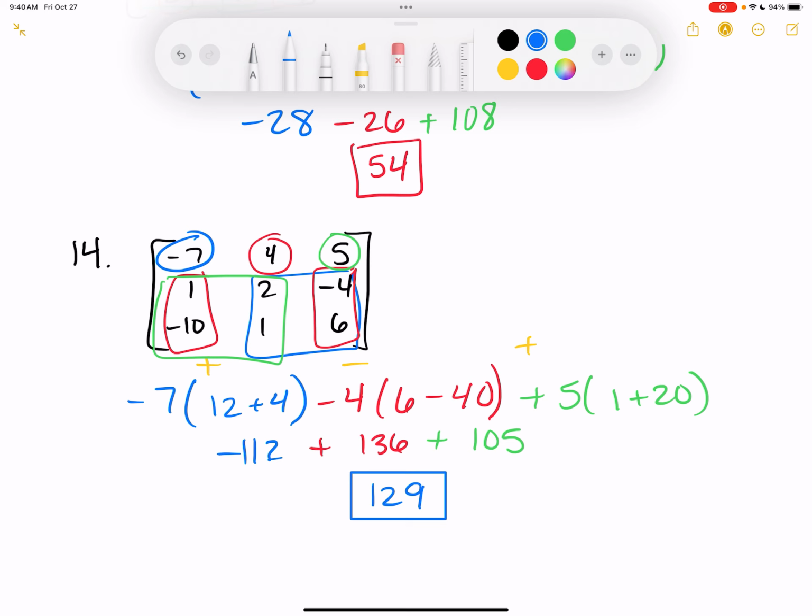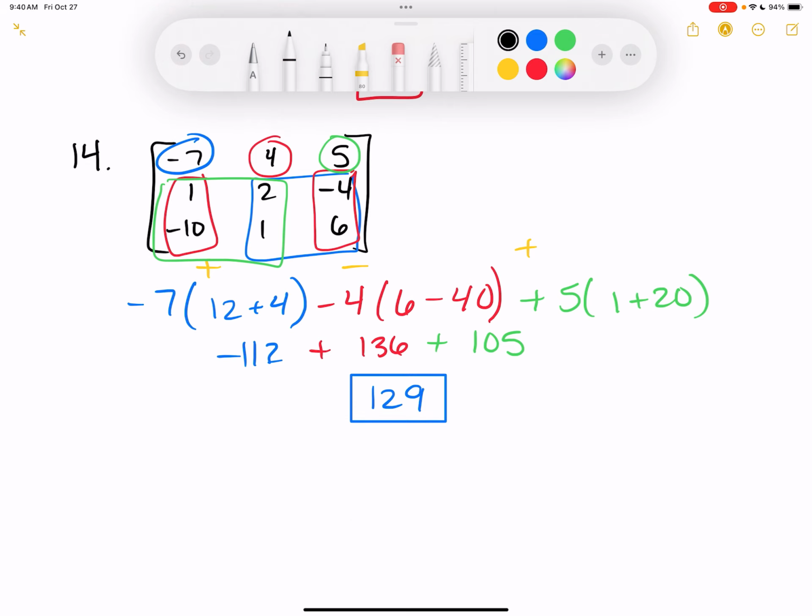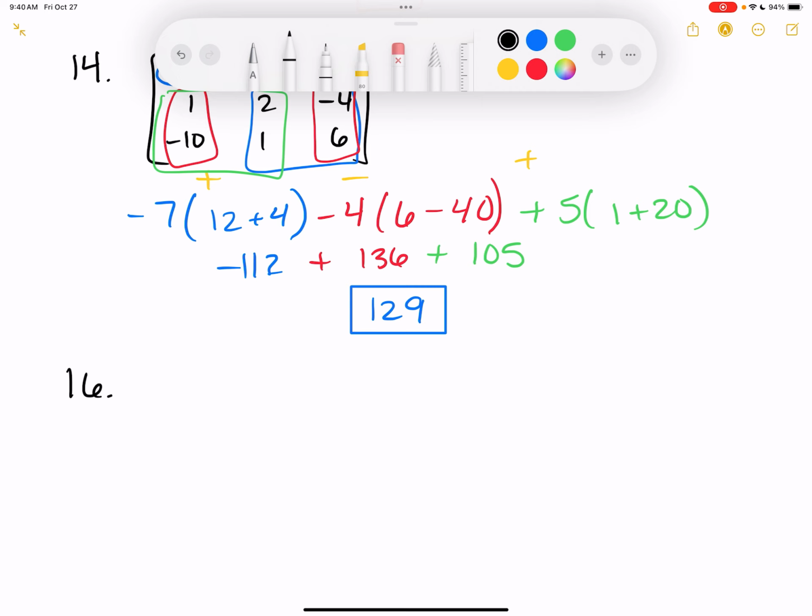All right, I would like you to try this next one by yourself, and then I'm going to show you how to check them on a calculator. Try it on your own paper first, and then we'll go over it, and then we'll check and see if you're right based on the calculator. All right, -4, 3, -9, 12, 6, 0, 8, -12, 0.